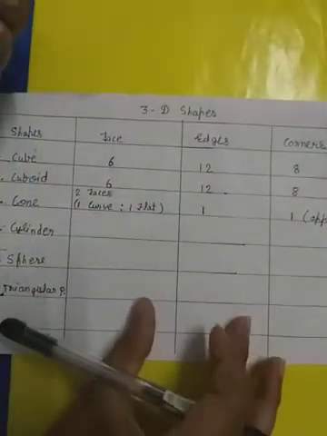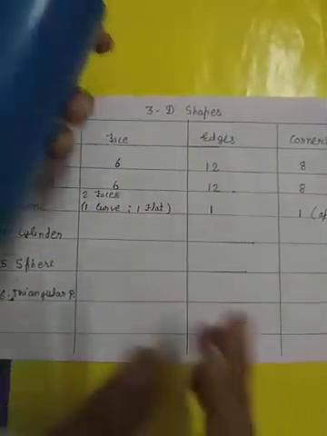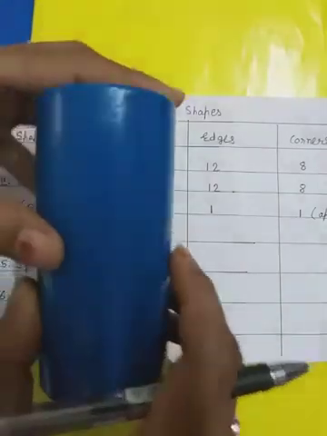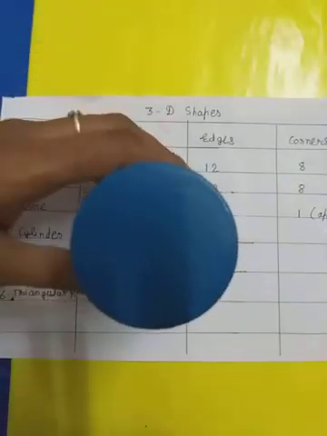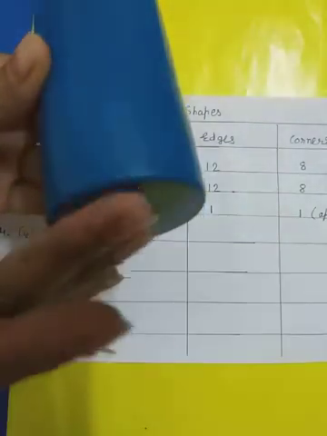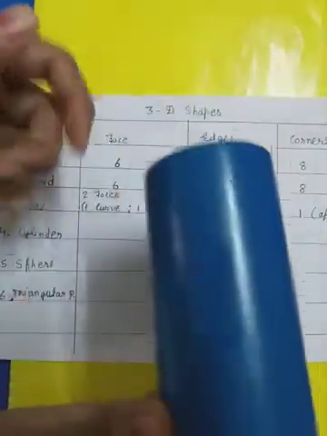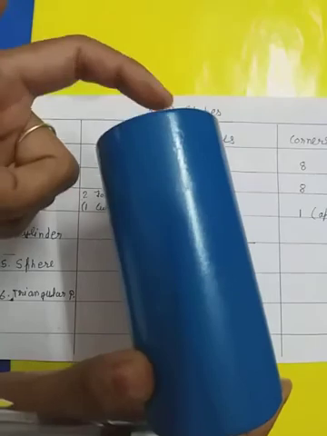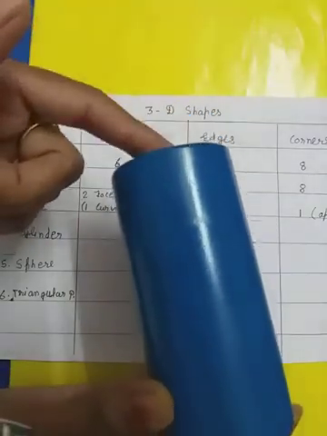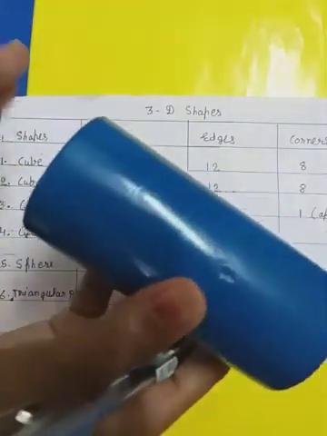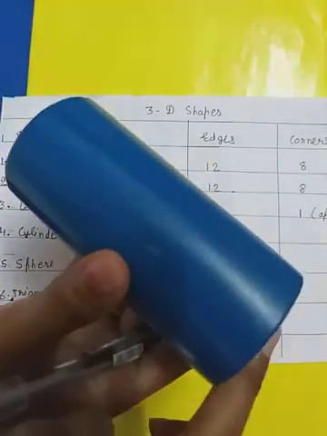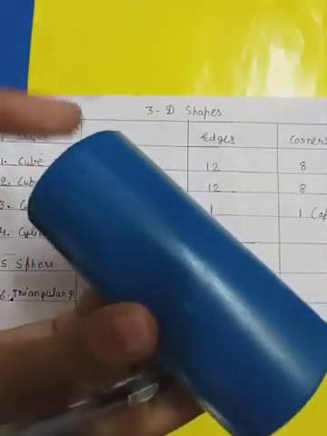So how many faces do we have in this? Let's count. I can put this cylinder like this. This one is a flat face, and I can put this also from this side, so we have two flat faces.